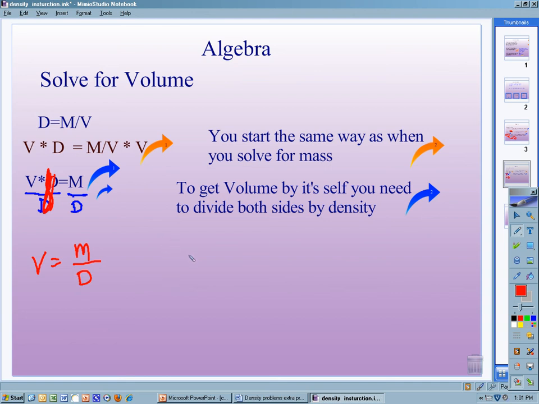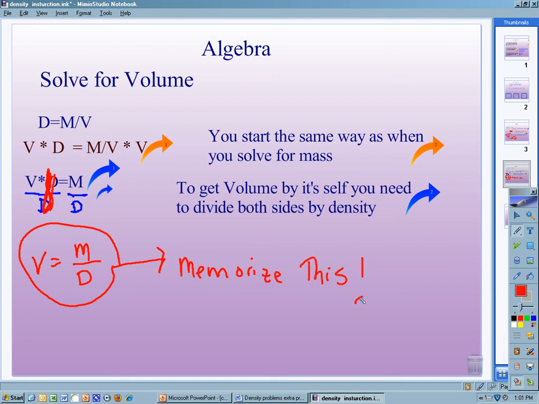Then you can solve your problem. Now, again, you could do the math, or you could just memorize this formula. If you memorize that formula, then you're able to just say, oh, I'm looking for volume. Oh, that's mass divided by density.